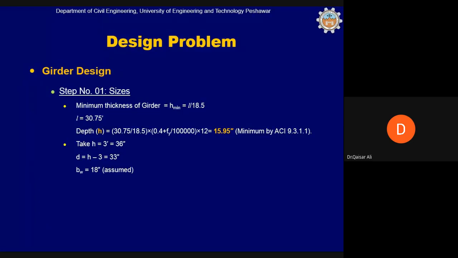Now there is an animation where you will be able to see that if we select the ACI minimum depth for this girder, then the girder will not be capable of resisting the downward deflection of the beam at the location where the beam is supported on the girder.